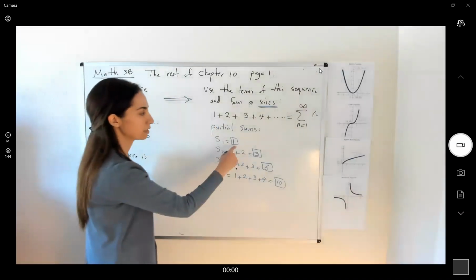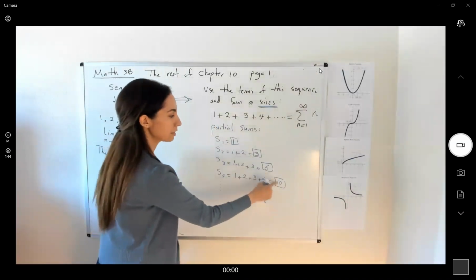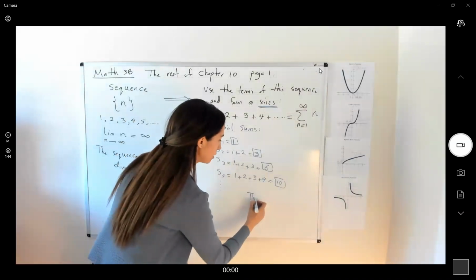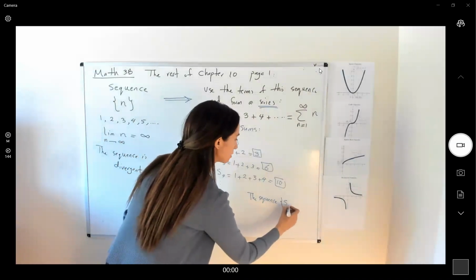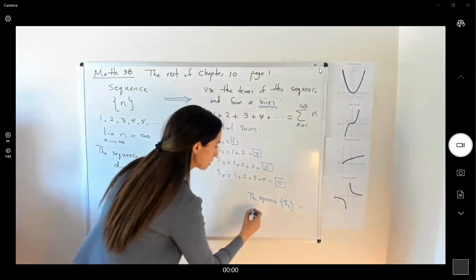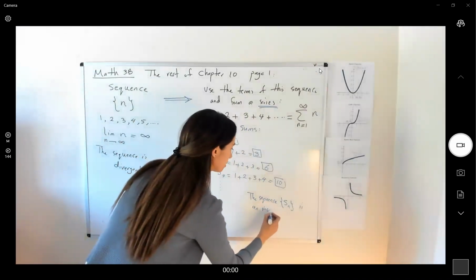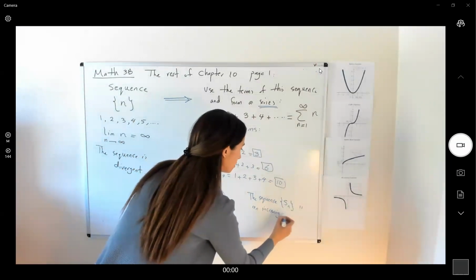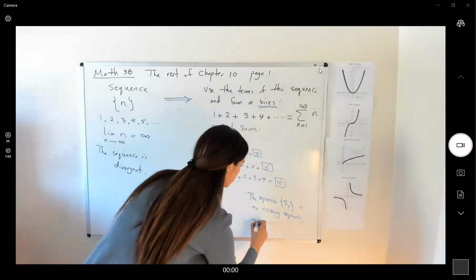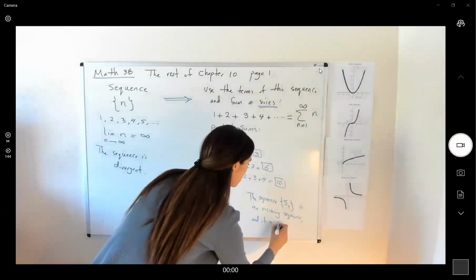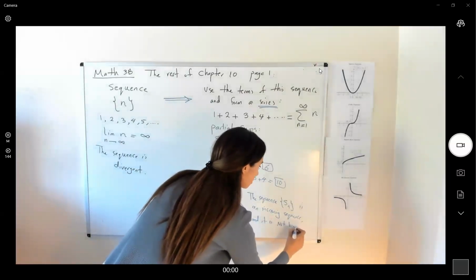And as you can see, this sequence S sub n is an increasing sequence, and it is not bounded.